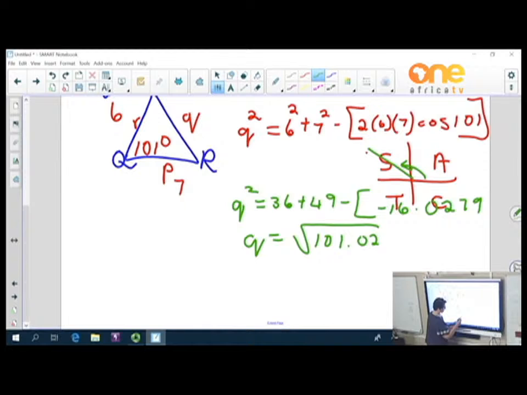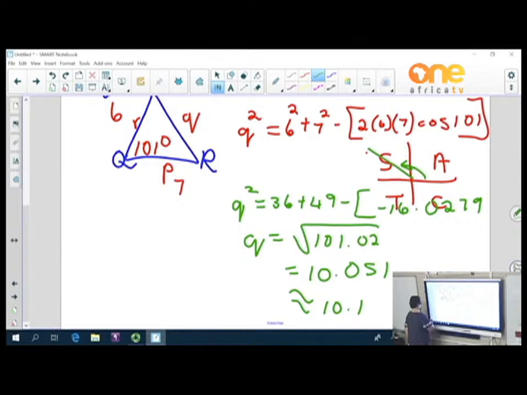Yeah, it gives us the same answer. And then we square root that one. The final answer is 10.051. This rounds off to 10.1 centimeters. Good. Well done.